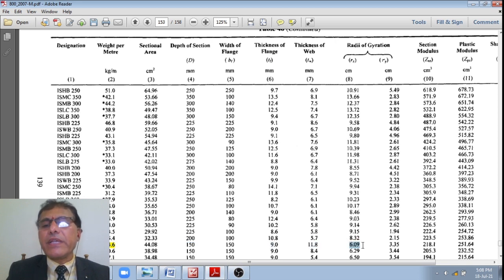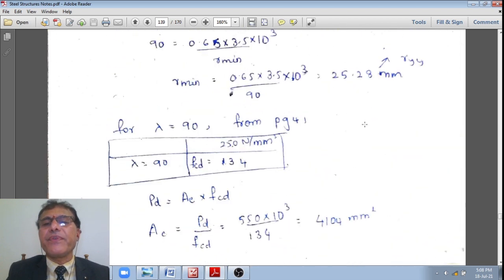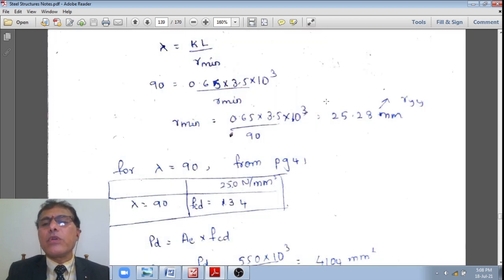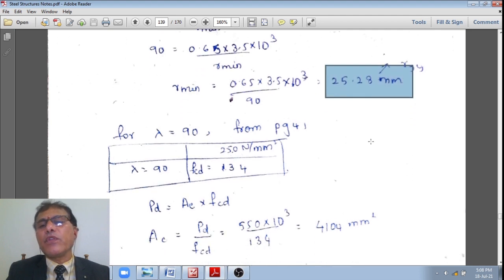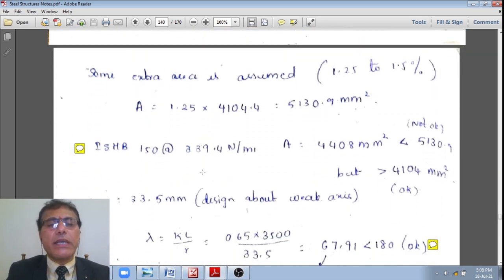The radius of gyration about the major axis is 6.0, and about the minor axis it is 3.35. It is important for us. Already, what we thought previously should not be less than 25.28. Therefore, 35.3 is greater than 25.28. Therefore, yes, it can be chosen.